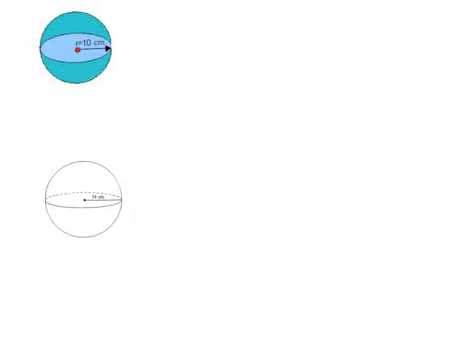Okay, so I assume you've had a chance to work this out. So if you set it up correctly, you use the formula 4/3 pi r cubed. And I like to write out the formula entirely before I even put anything in. It's not a bad habit to get into. 4/3 pi, and then in place of the r, hopefully you put in 10 centimeters.